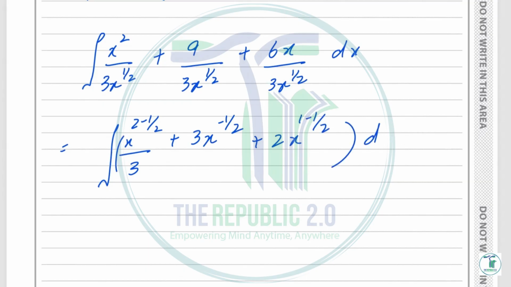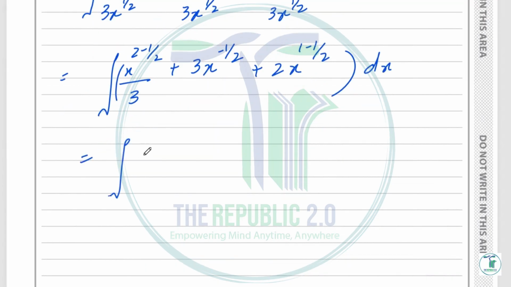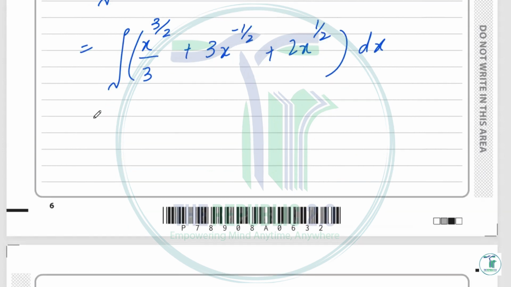Simplifying it further, I must have x to the power of, 2 times 2 is 4, 4 minus 1 has to be 3, so 3 by 2, divided by 3, plus 3x to the power of negative 1 by 2, plus 2x to the power of half, times dx. Now I'm going to separate out the integrals.